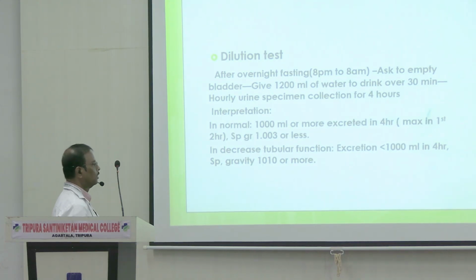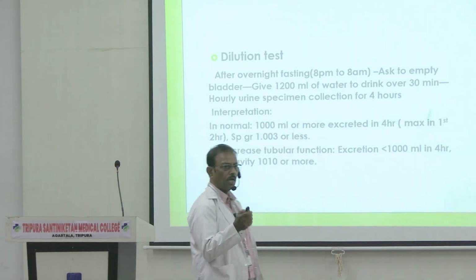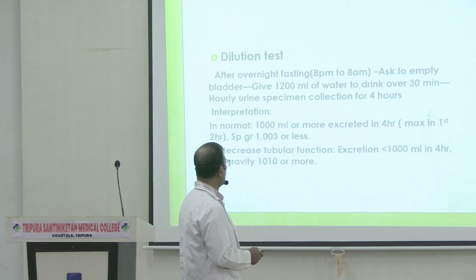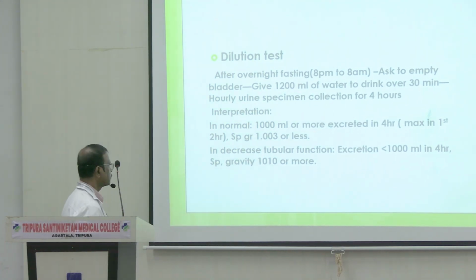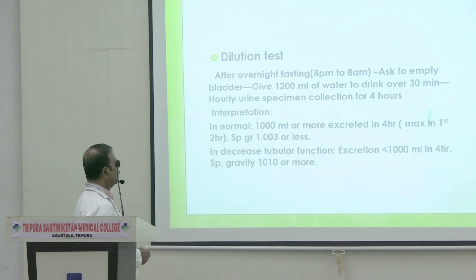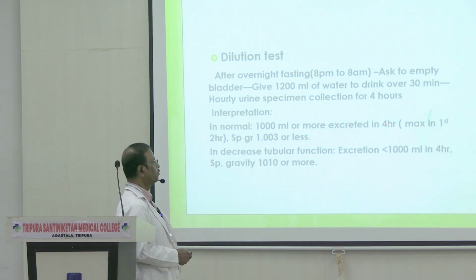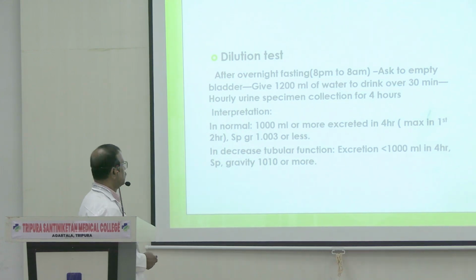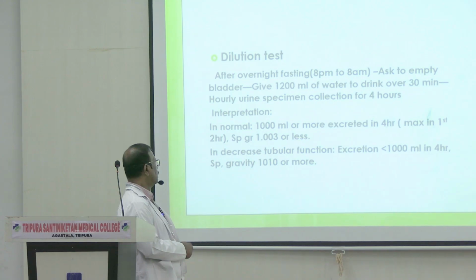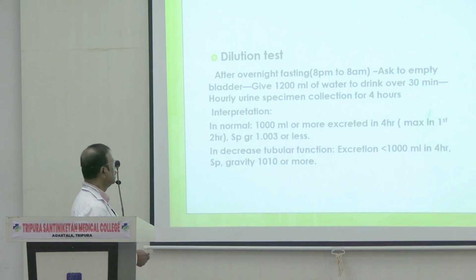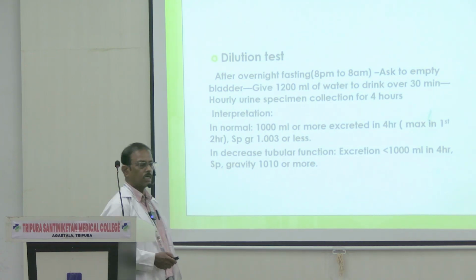After that, urine is collected every hour for 4 hours, and its specific gravity is determined. Normally, 1000 ml or more of water is excreted in 4 hours, maximum in the first 2 hours. The specific gravity will be 1.003 or less. That means it is diluted.